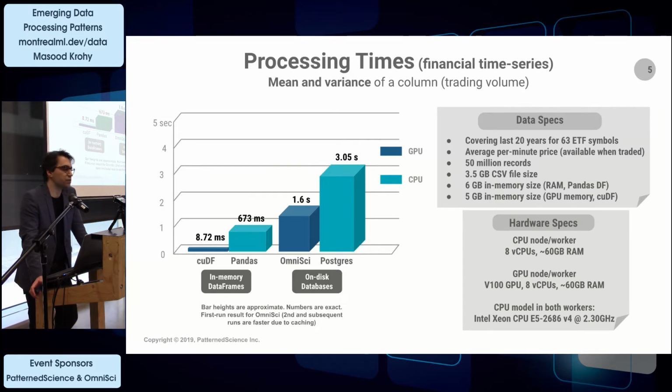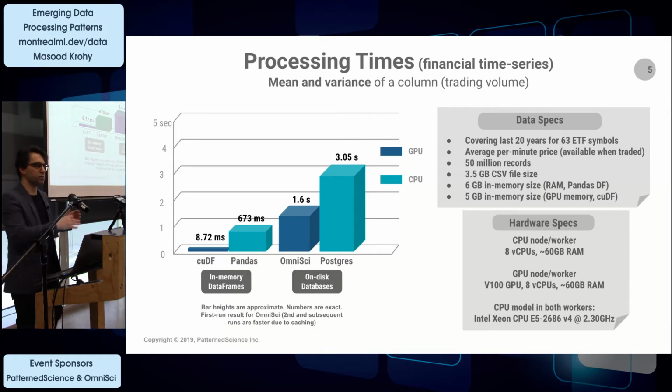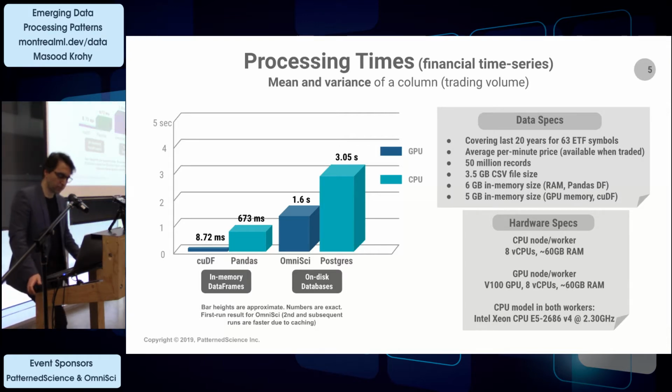If you're not familiar with ETFs, exchange traded funds, think of them as basically stock data. It's per-minute data for all of those 63, but the minute record is there only if there was a volume, meaning a trade was made. If there is no trade, the record is missing. So it's sparse data.